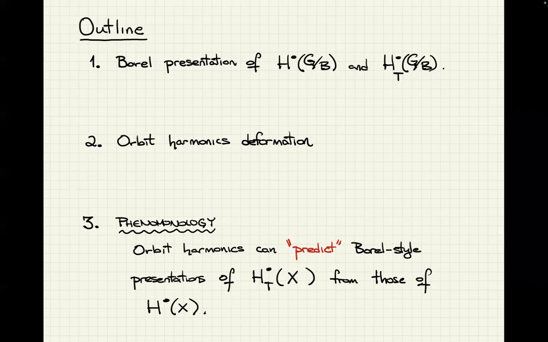So we're going to be talking about the cohomology of the flag variety and also its equivariant version, the torus-equivariant version. Then we're going to discuss this orbit harmonics deformation. And then we're going to enter a section of the talk that I'm referring to as just phenomenology, this sort of mysterious thing where orbit harmonics can somehow predict Borel-style presentations of equivariant cohomology from Borel-style presentations of ordinary cohomology. So we'll see how that works.